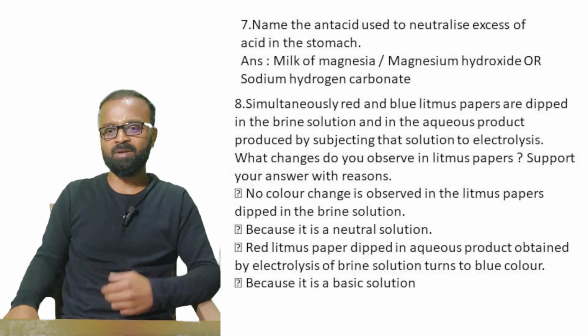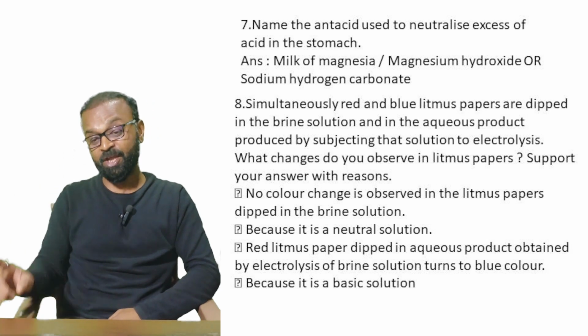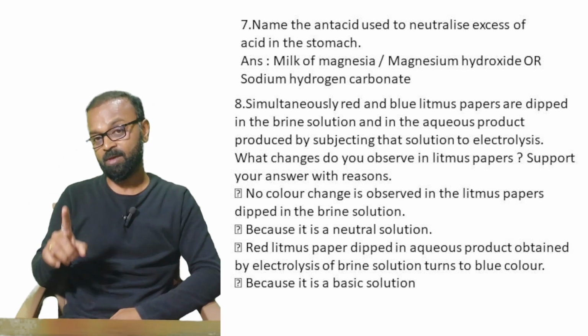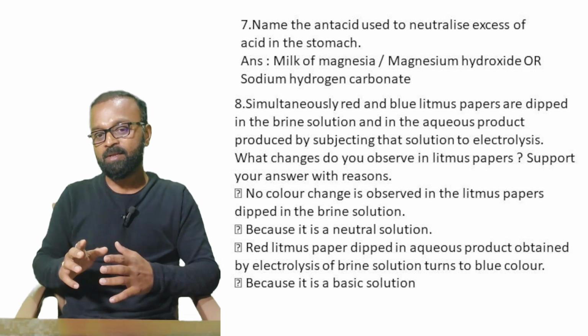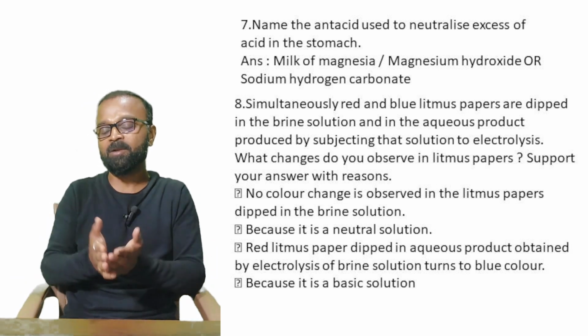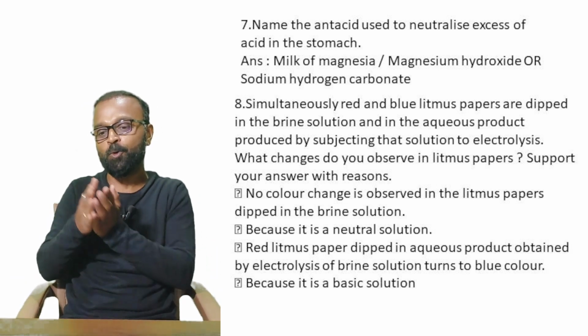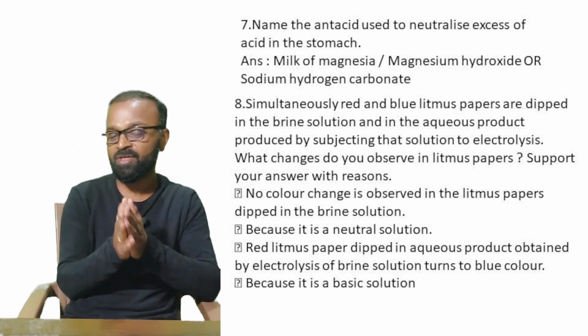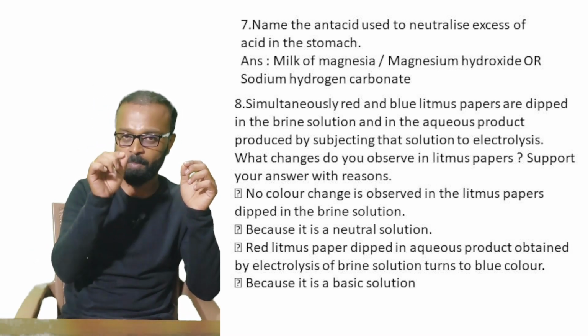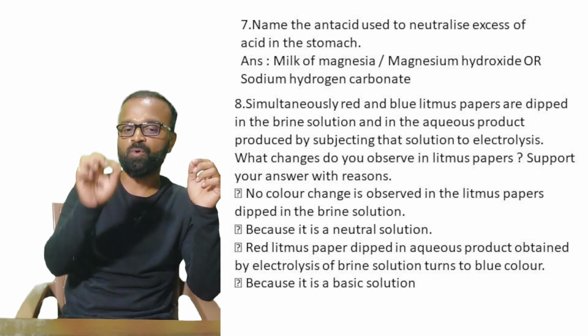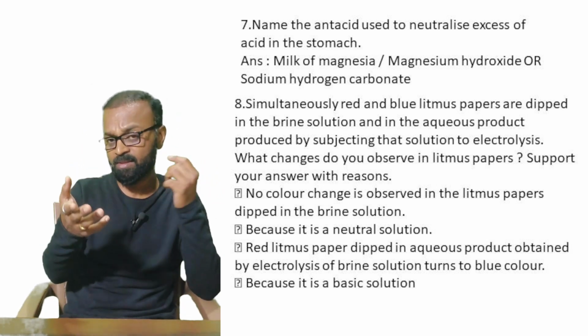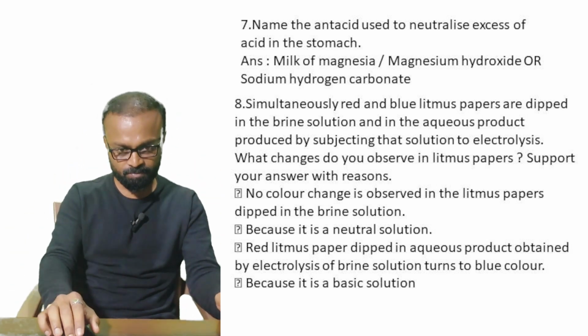Because it is a neutral solution. After subjecting the brine solution to electrolysis, what is happening here? The red litmus is going to change its color to blue, and what is the major reason? Because of the formation of the product sodium hydroxide, and it is a basic solution.